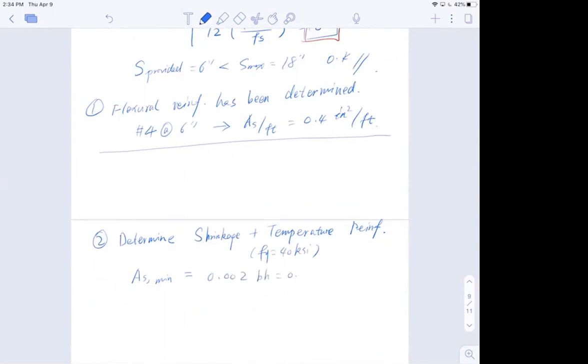So 0.002, b is 12 inches, hf is 5 inches. So I got this number to be 0.012 inch squared per foot. Okay, so for this case, I need to choose bars.